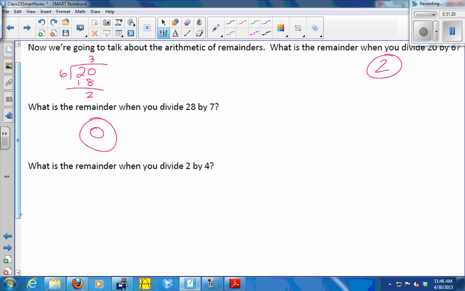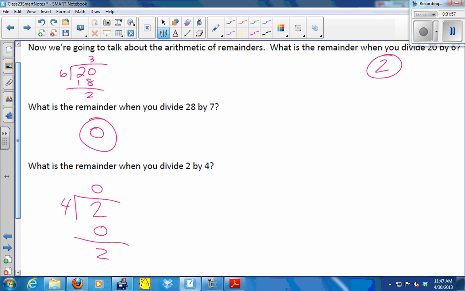Now, here's a trickier one. What if I divide 2 by 4? If I were to carry out the long division, I would ask myself, how many times does 4 go into 2? I'm not dealing with decimal points, because that's what the remainder does. 4 goes into 2 0 times. 0 times 4 is 0.